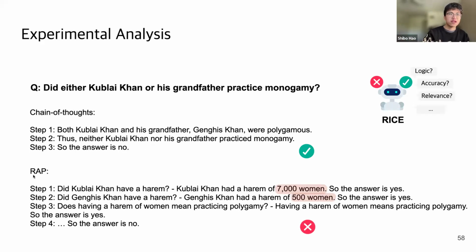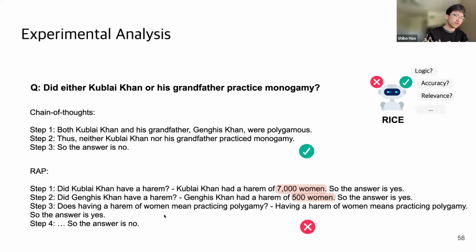But here in RAP, since the format is about sub-questions and sub-answers, we found this format of prompt encourages the language model to provide too many details, like the exact number. So even if the logic is reasonable overall, the exact number is not correct, and that makes the reasoning chain a false positive one. So the reward will decide it's an incorrect reasoning chain.